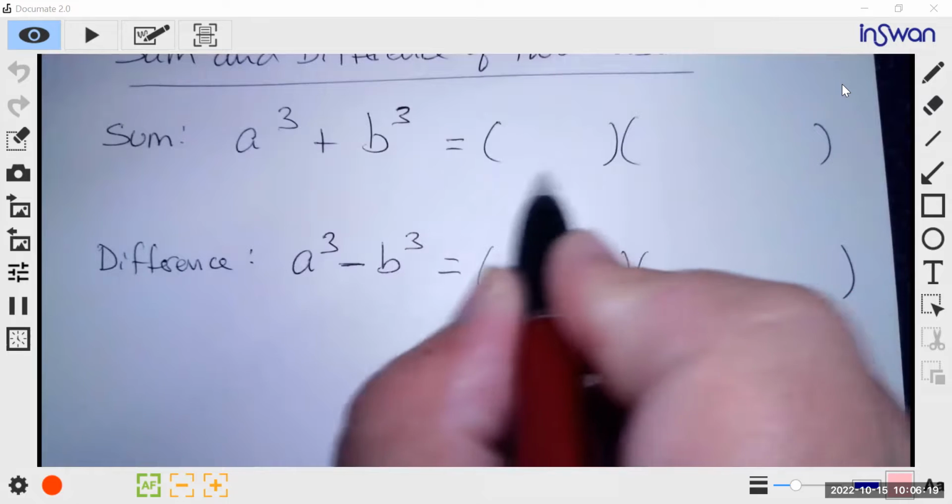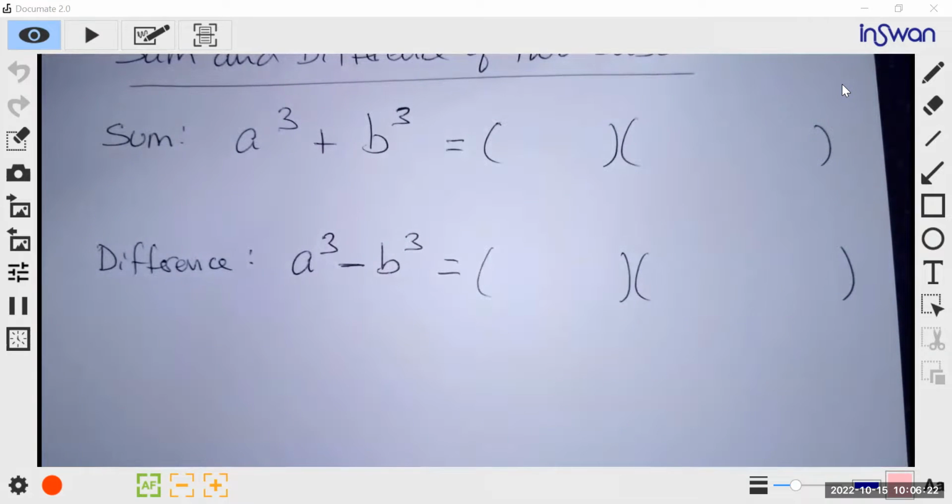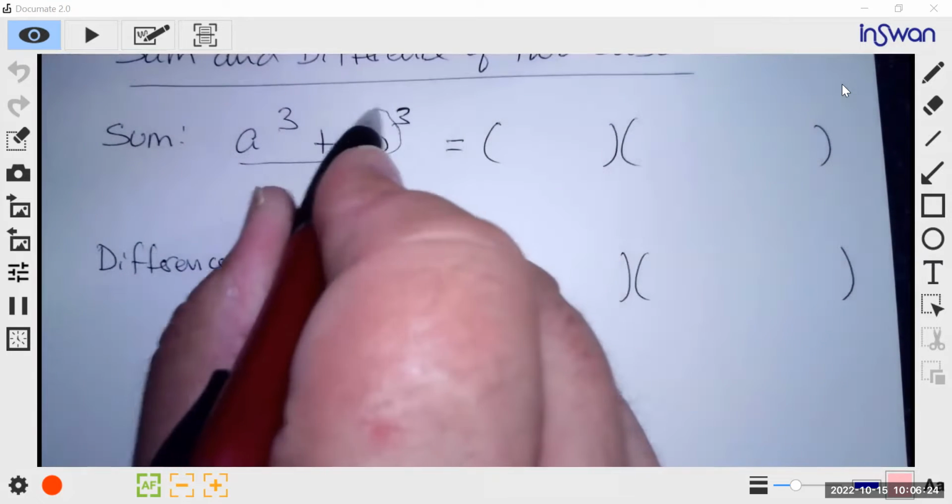So inside the first parenthesis, it's whatever's under the cubes.